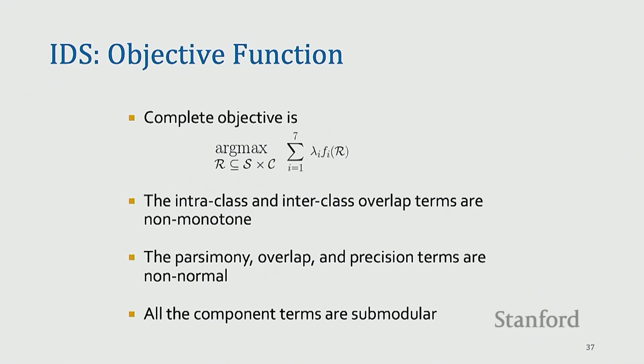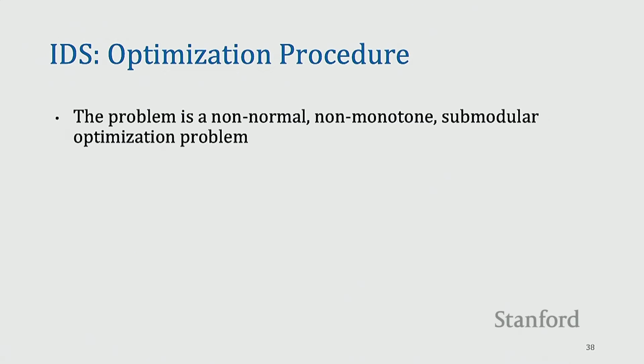Okay, so putting it all together, you can combine these into an optimization problem. Essentially you'll get some kind of argmax problem like this, with a summation over all these factors. The property of this kind of objective is that it turns out to be what's called a non-normal, non-monotone, submodular optimization problem.